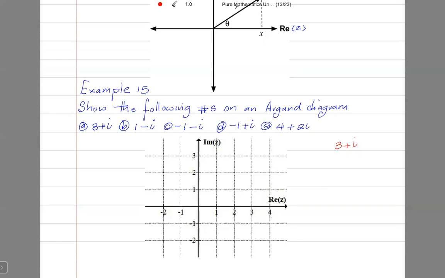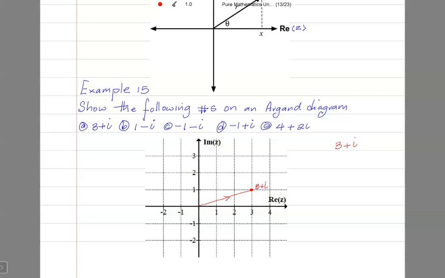So the point that would represent it is the point (3, 1), which is here. The point itself represents the complex number, and I can draw a straight line from the origin to the point. And this vector also represents the complex number.